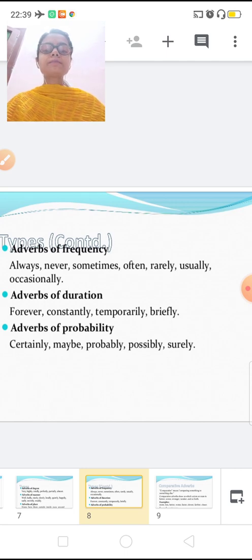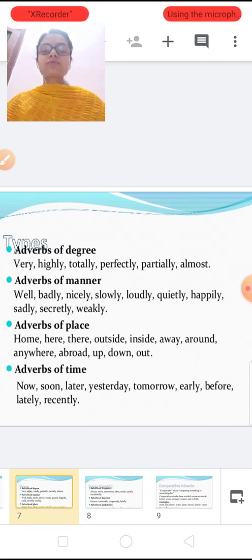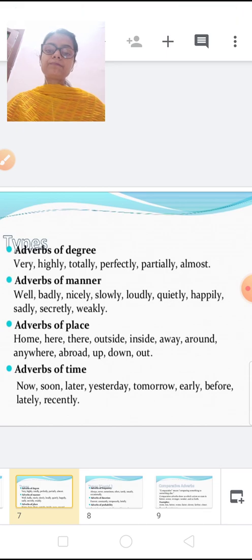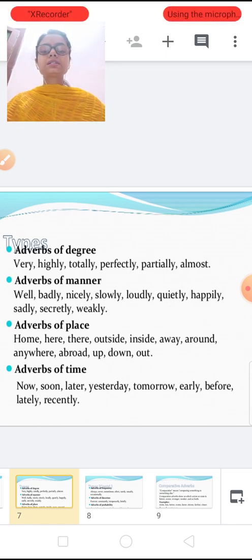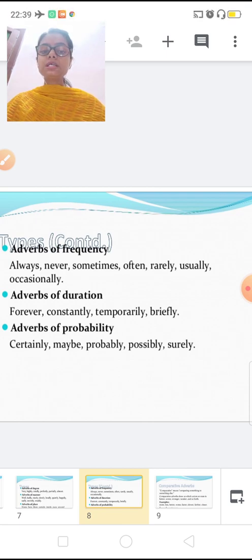So these are some types of adverbs. I am repeating again: adverbs of degree, manner, place, time, frequency, duration, probability.